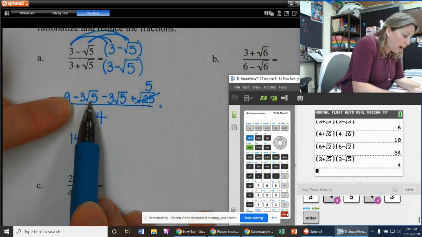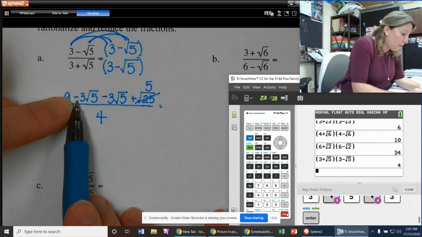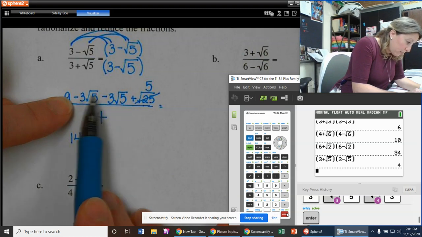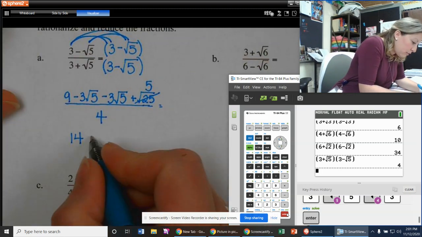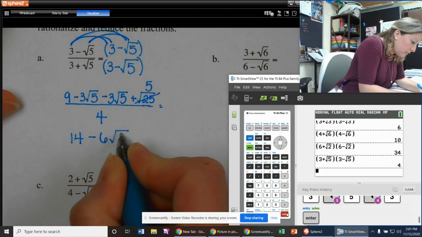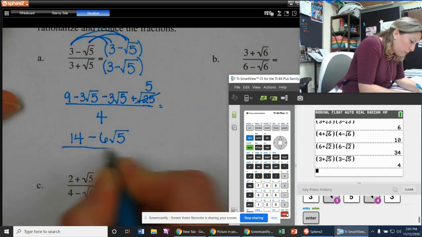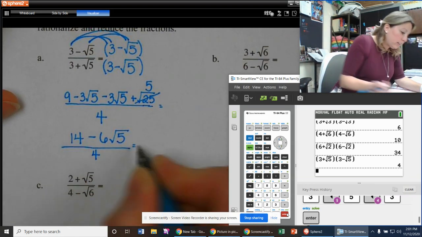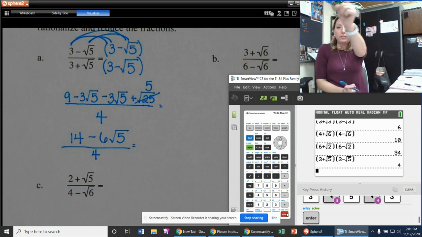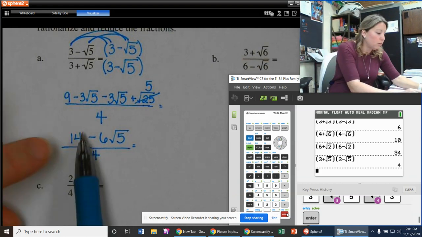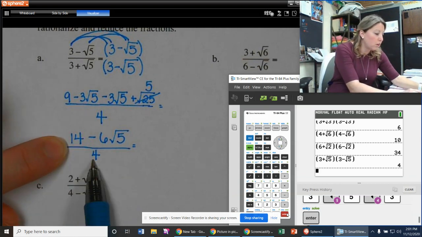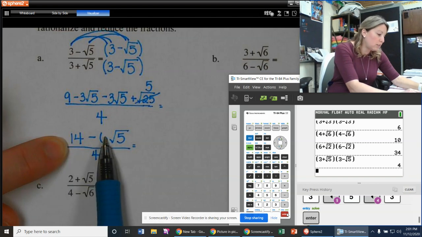Negative 3 radical 5 plus negative 3 radical 5. See how they're like radicands? I can add their coefficients, so I get negative 6 radical 5. My denominator was already simplified at 4. Now I see they're all even numbers: 14 is even, 6 is even, 4 is even.